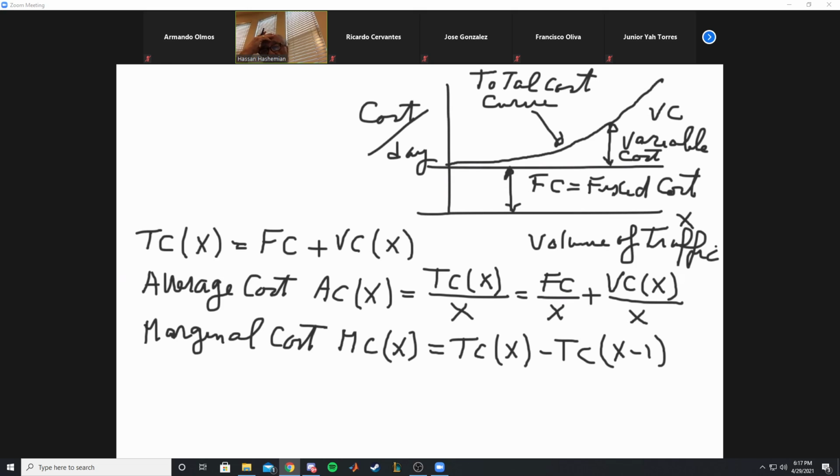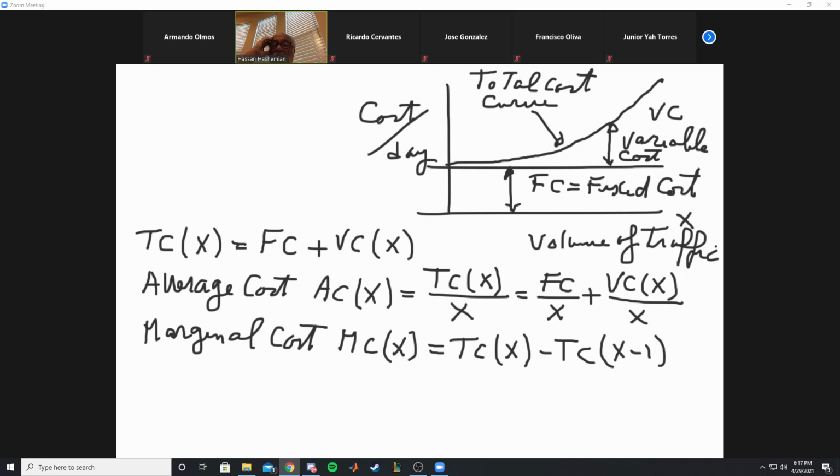Now, in traffic and transportation, we have an average cost that we incur, which is total cost divided by X. But if you add one more car to the freeway, that might cause the average cost to go up because it causes more traffic.